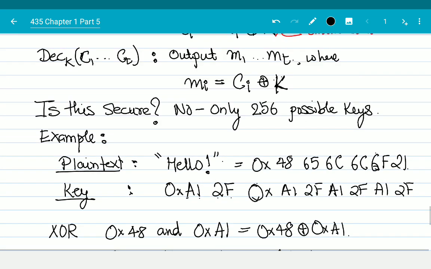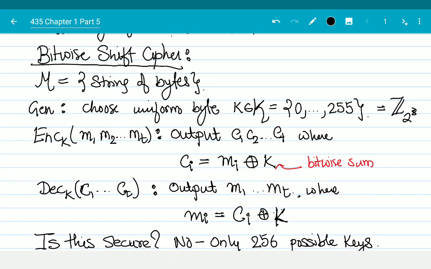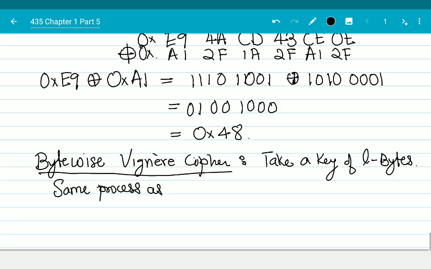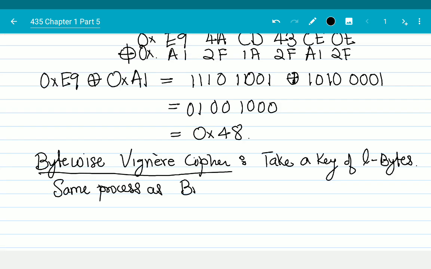Bytewise shift cipher. It's called bytewise or bitwise? Bitwise shift cipher. Okay. So these are some of the examples of classical ciphers.